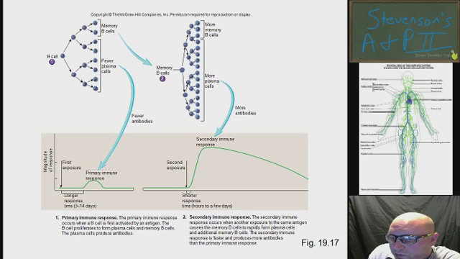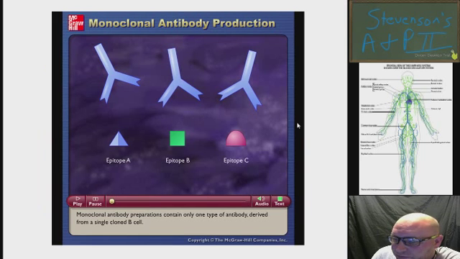The primary immune response occurs when a B cell is first activated by an antigen and proliferates to form plasma cells and memory B cells. The plasma cells then produce antibodies. The secondary immune response occurs when another exposure to the same antigen causes the memory B cells to rapidly form plasma cells and additional memory B cells. The secondary response is faster and produces more antibodies than the primary immune response.